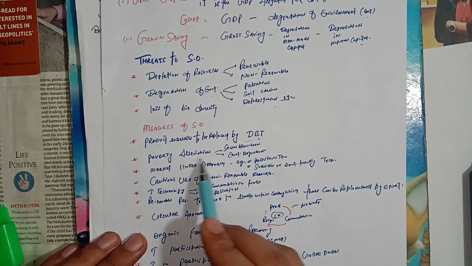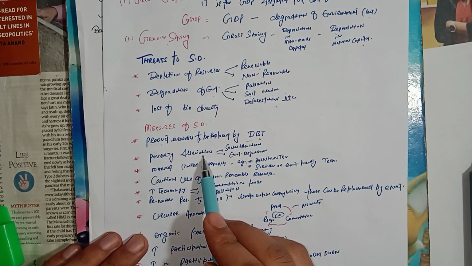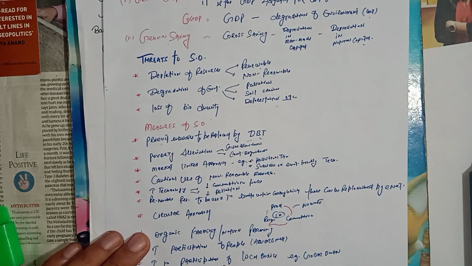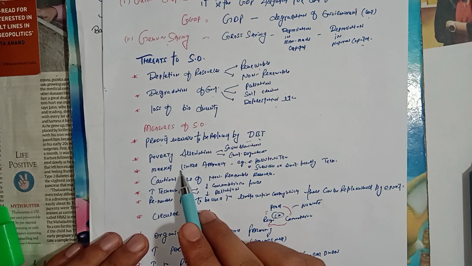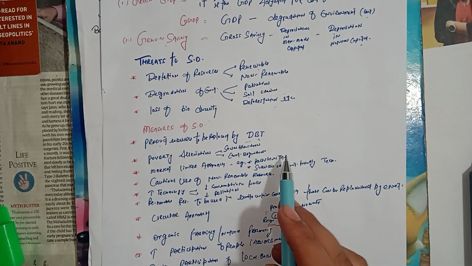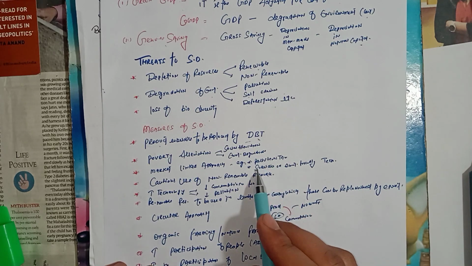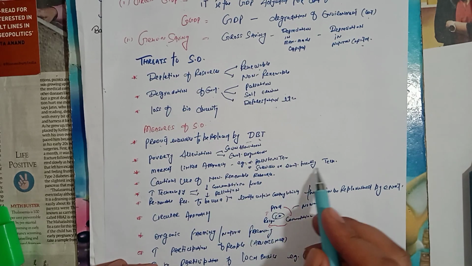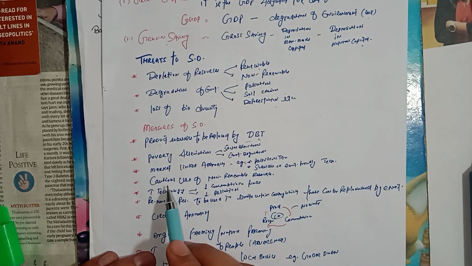And poverty should also be alleviated. And market-linked approach means a pollution tax should be imposed on industries or firms, and subsidies on environment-friendly technologies or commodities should be given.